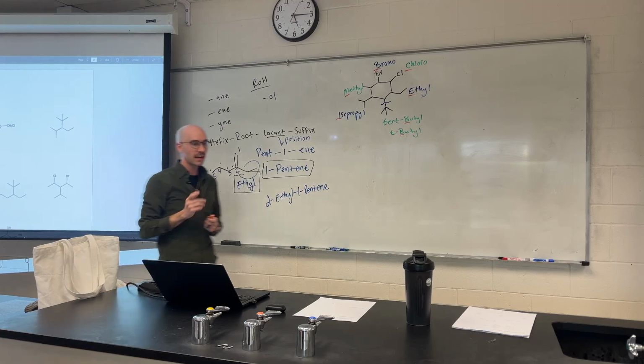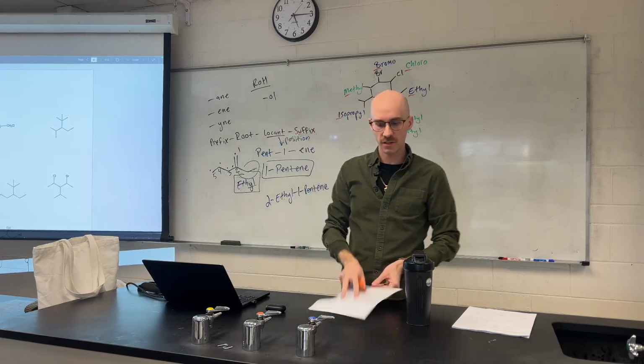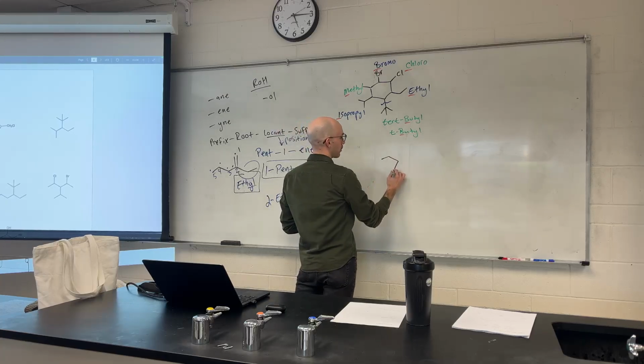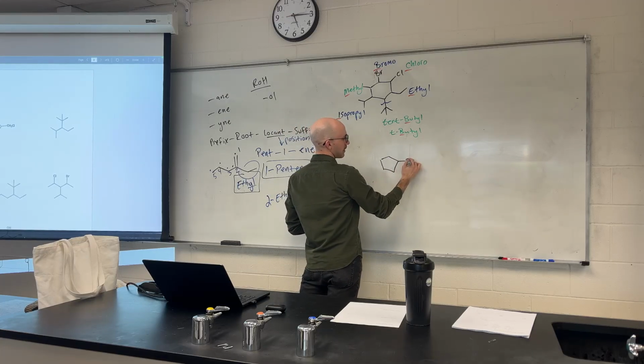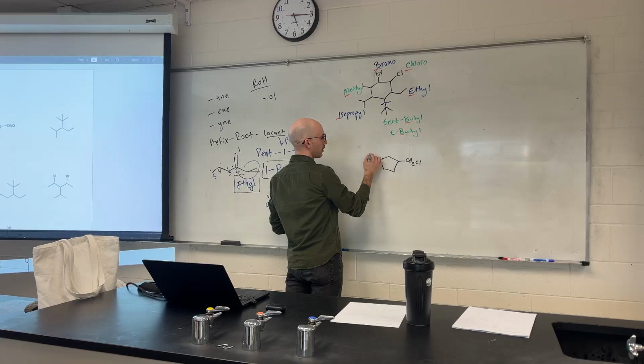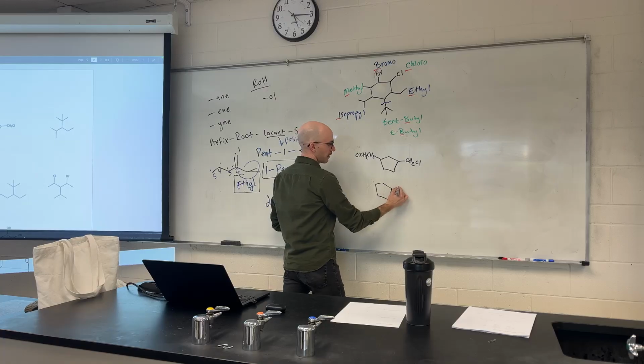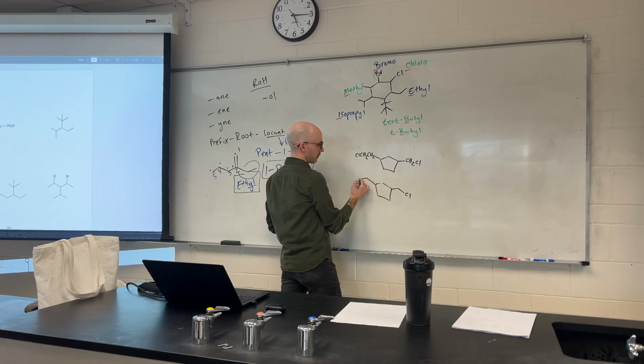Okay, a couple of other strange substituents that show up. This second compound, a 5-membered ring, has a CH2Cl group and a CH2CH2Cl. Again, we could just write this in bond line structure.